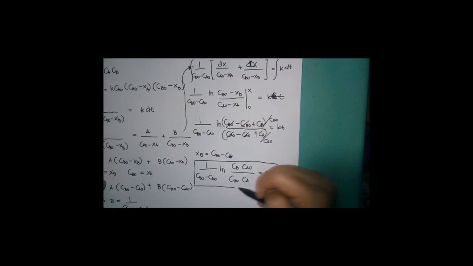So simplifying it, we'll have 1 over (CBO minus CAO) ln of CB CAO all over CBO CA equals KT. So this will be the formula that we are going to use in solving the rate of reaction.